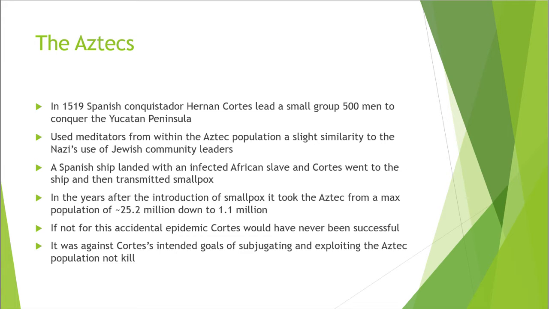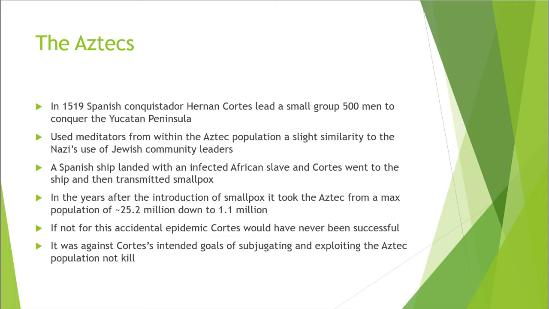Now we will look at the Spanish interactions with the Aztecs. This began in 1519 with Spanish conquistador Hernan Cortes leading a small group of 500 men to conquer the Yucatan Peninsula. As Cortes made his way through Aztec territory trying to get to the capital, he forced some Aztecs into being mediators and interpreters who helped organize allies within the Aztec Empire to overthrow it from within.